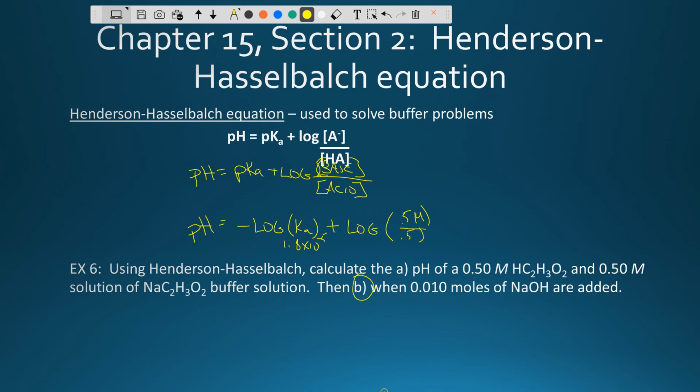What does that do? If I was going to just address this in my Henderson-Hasselbalch, well, remember what's happening. The pH is the negative log of the 1.8 times 10 to the negative 5 plus the log of my base over my acid. So if I'm going to be adding some base in here, what happens? Well, that adds to this, doesn't it?